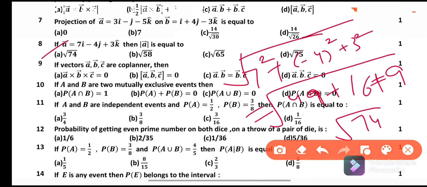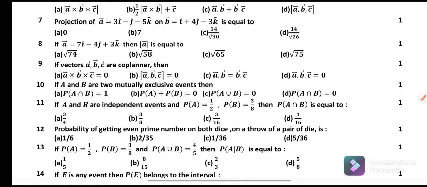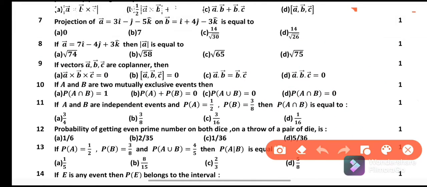Next question, if vectors A, B, C are coplanar, then the scalar triple product is equal to 0, that is option B. Next, if A and B are two mutually exclusive events, then the probability of A intersection B is equal to 0.